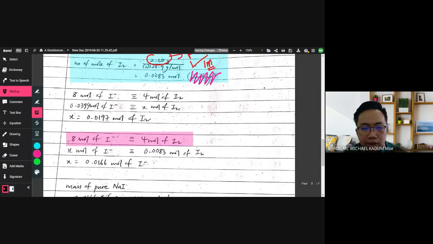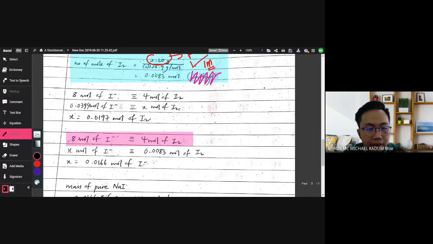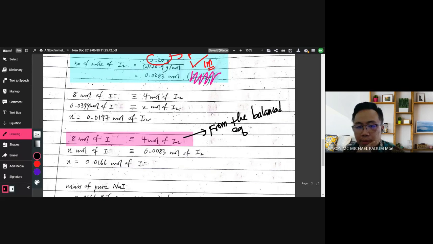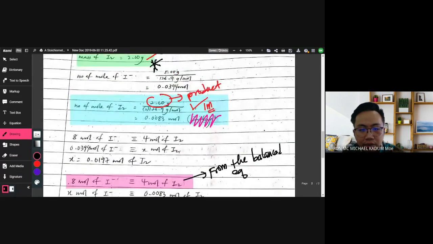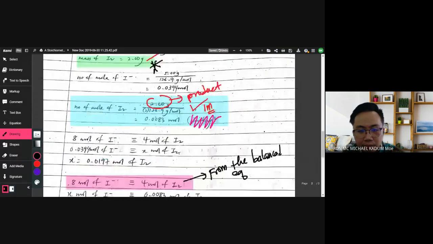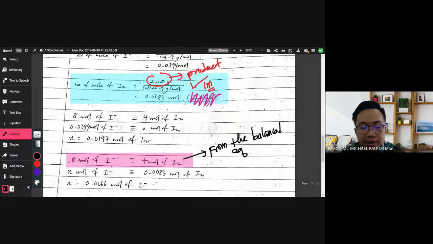Dia buat dua-dua sekali ni. So ini from the balance equation. Okay, sama juga case itu. Tidak berbeza macam tadi, sama from the balance. But this time, kita tengok berapa banyak yang dihasilkan secara realitinya.